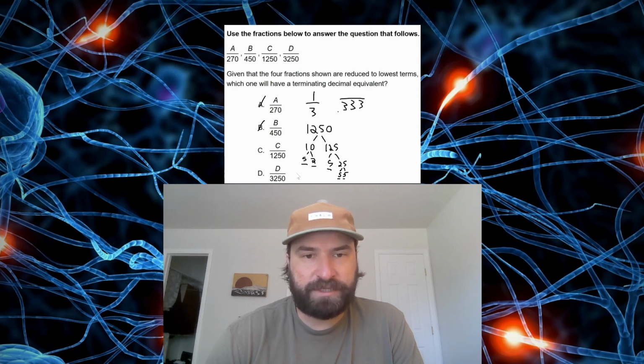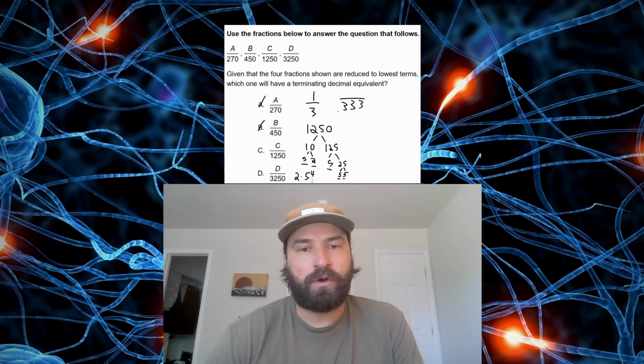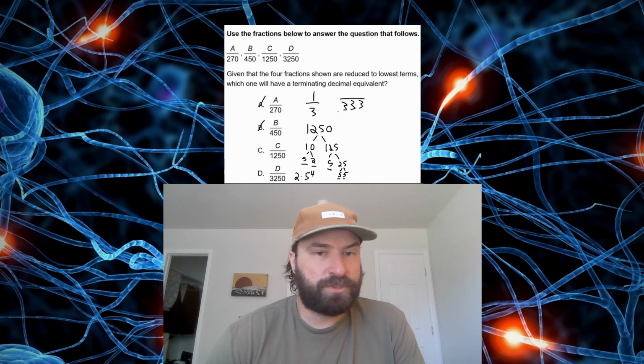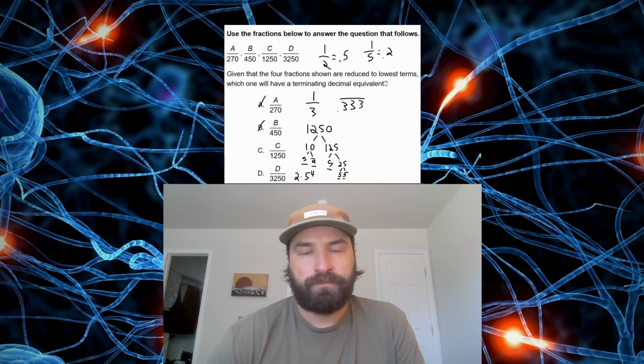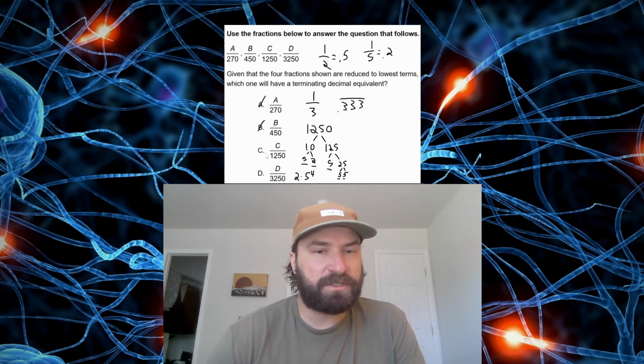So our prime factorization would be 2 times 5 times 5 times 5 times 5, or just 2 times 5 to the 4th power. So our only factors of 1250 are 2 and 5, and 1/2 equals 0.5, which is not a repeating decimal, and 1/5 just equals 0.2, which is not a repeating decimal. So C looks very good to me.